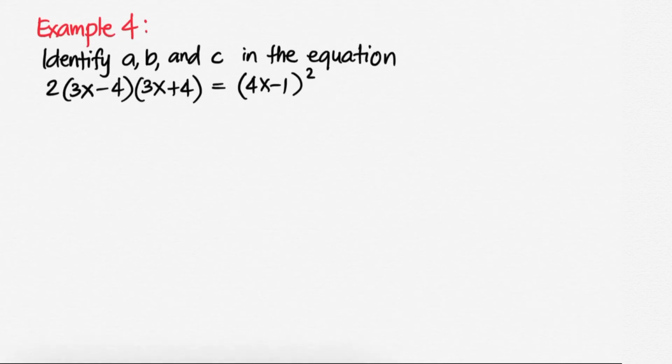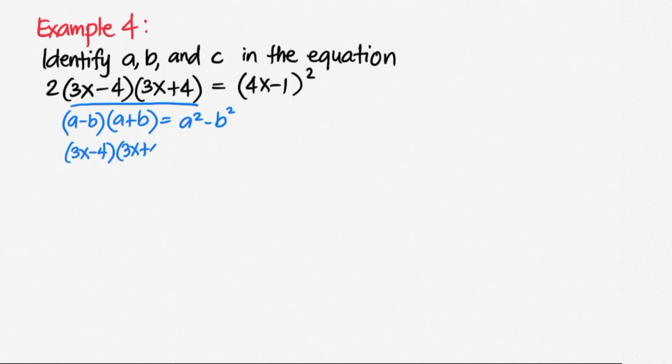So let's solve this using the formula a minus b times a plus b equals a squared minus b squared. So we substitute 3x minus 4 and then 3x plus 4 equals 3x squared minus 4 squared. So 3x squared is 9x squared, then 16.